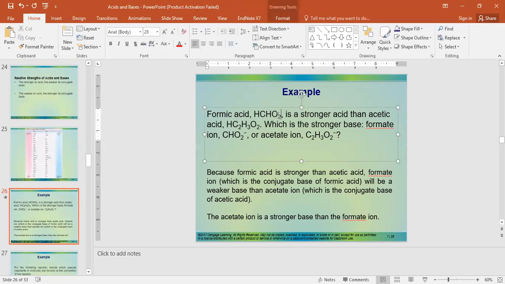Formic acid is what we call methanoic acid. It is stronger than acetic acid. Acetic acid is what we call ethanoic acid.